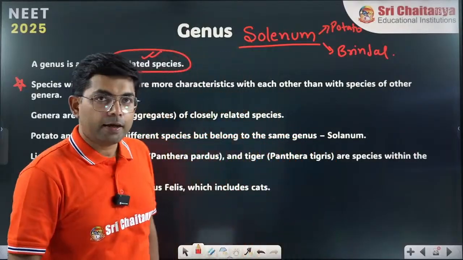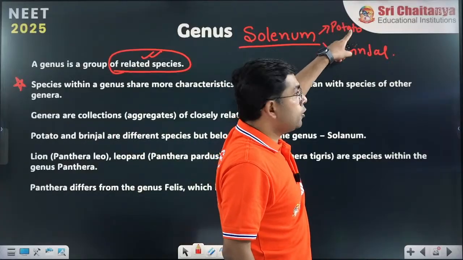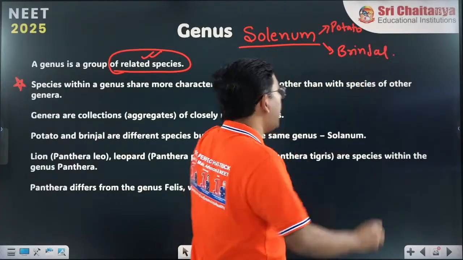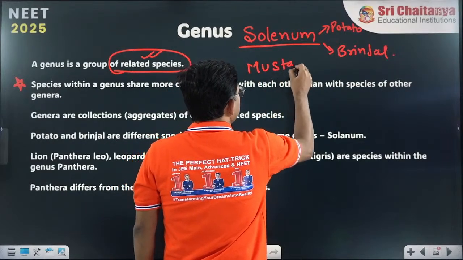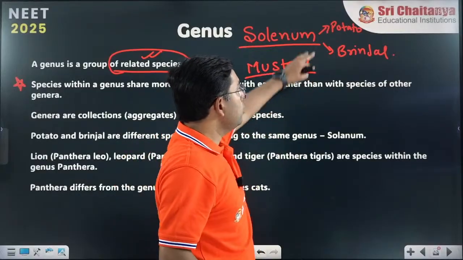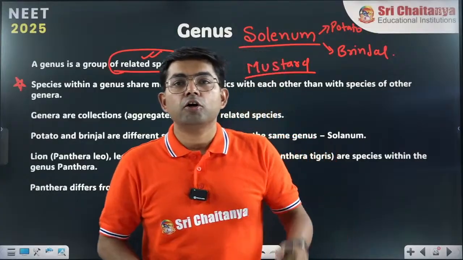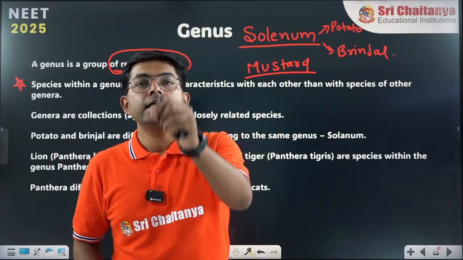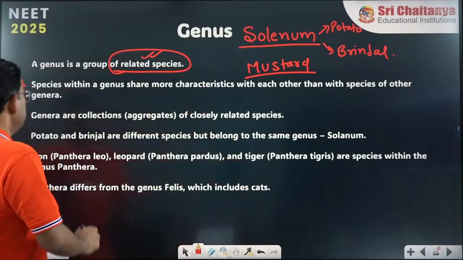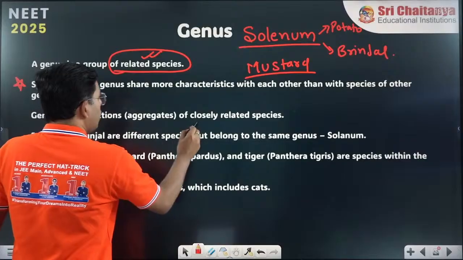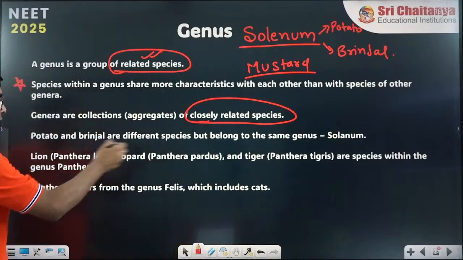Now if I say that the common characters between potato and brinjal will be more as compared to mustard, why? Because potato and brinjal belong to the same genus. Is this point clear?